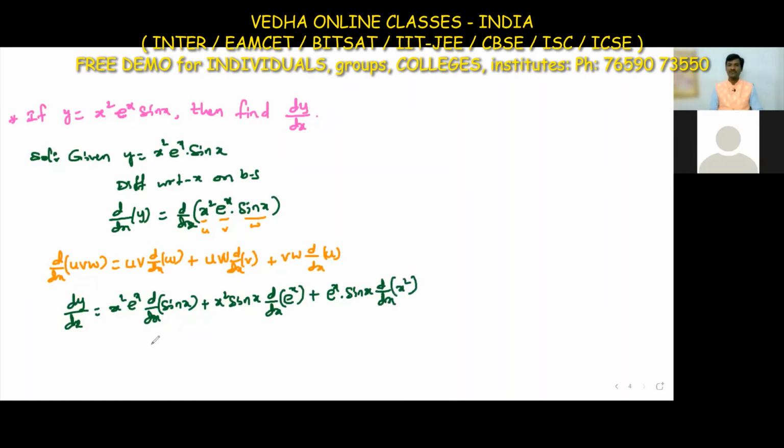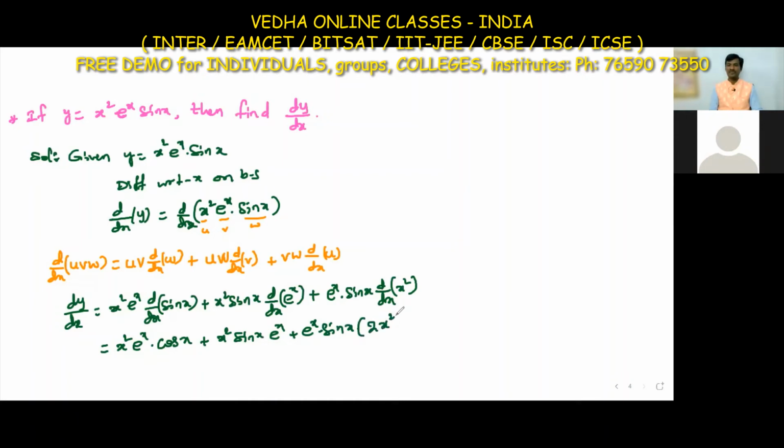So this is equal to x square into e power x as it is, d by dx of sin x. What is d by dx of sin x? This is cos x. So x square into e power x into cos x, plus e power x derivative is e power x, into sin x into x square derivative.